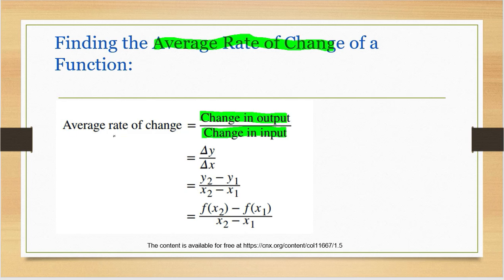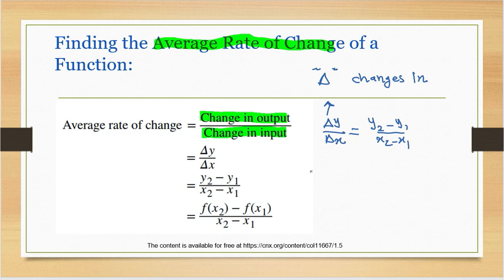So average rate of change is delta y over delta x. Delta means changes in y over changes in x, and that means y2 minus y1 over x2 minus x1.